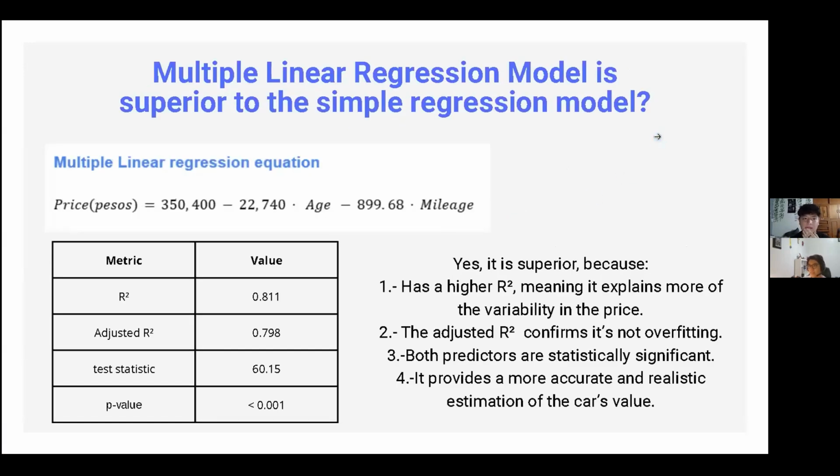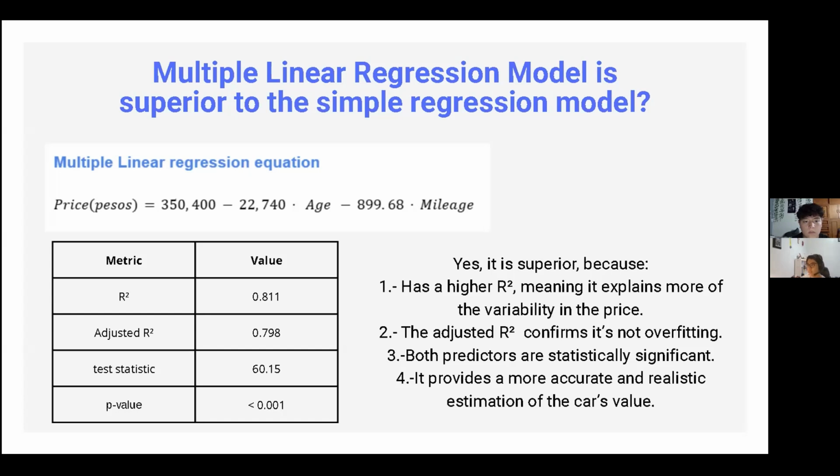Here we have the multiple linear regression model with this equation. What we can see is that for each additional year, the price drops by around 22,740 pesos, and for each additional 1,000 miles driven, the price drops about 900 pesos. Is the multiple linear regression model superior to the simple regression models?